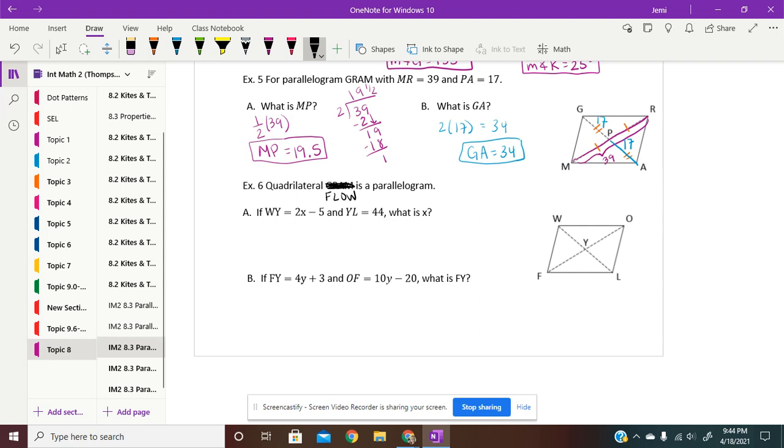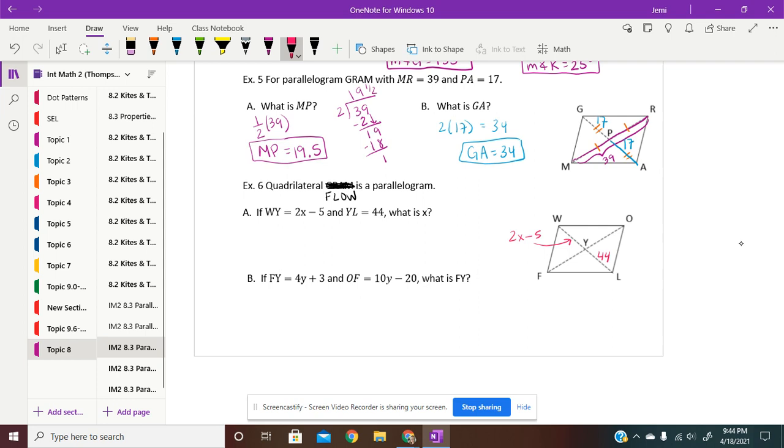Quadrilateral flow, FLOW, is a parallelogram. If WY is equal to 2x minus 5 and WL is equal to 44, what is x?